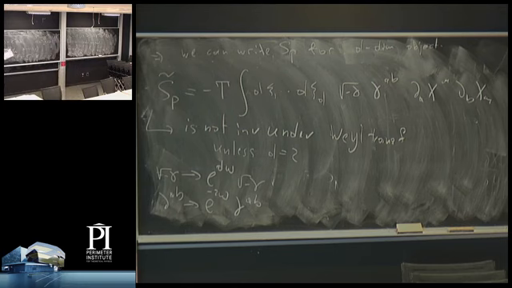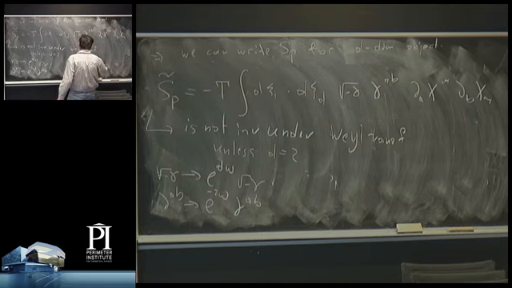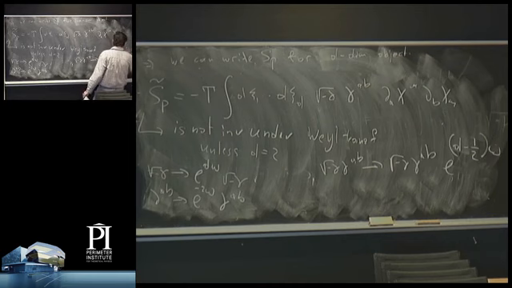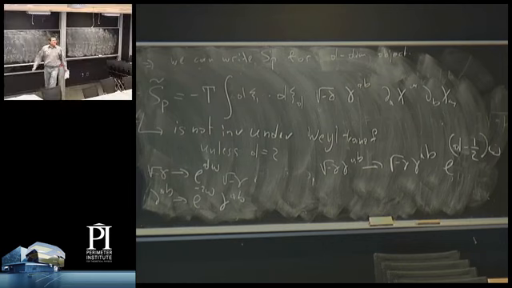So in general, the square root of minus gamma, gamma^{AB}, will go to itself times e to the (d minus 2) times omega. So when I do a Weyl transformation on a d-dimensional action, it will not be Weyl invariant. Only when d equals 2 do we have this special symmetry.